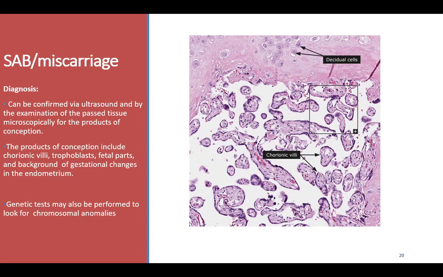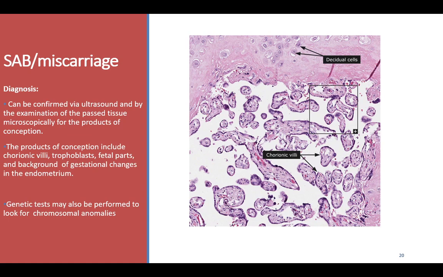What does that mean? When we say there's an abortion or a miscarriage, it means we need to confirm it. The clinical parameters are good and important, but not enough. The clinical presentation is not enough.